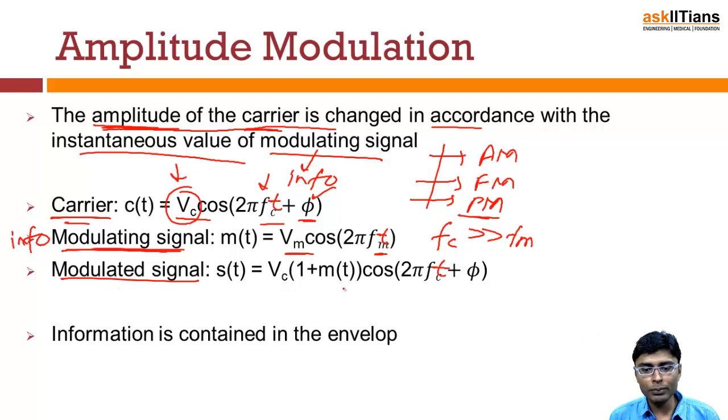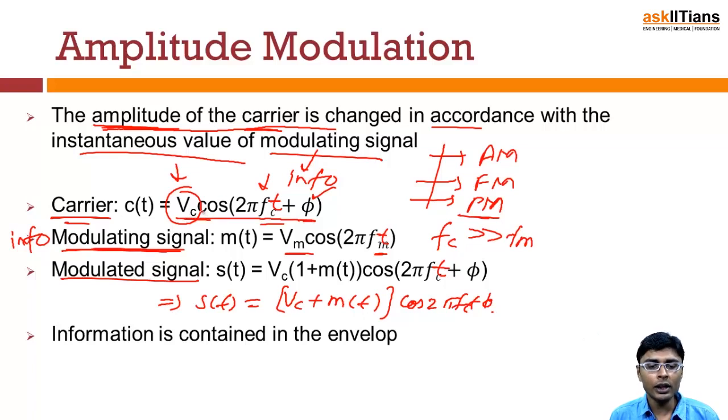The last one is the modulated signal. It is equal to Vc(1 + m(t)) cos(2π fc t + φ). How does it come? The signal after modulation will be of the form s(t), where the amplitude of the carrier is Vc, and we also add our message signal m(t), and then multiply with cos(2π fc t + φ). Basically, we are adding the modulating signal to the amplitude of the carrier wave.